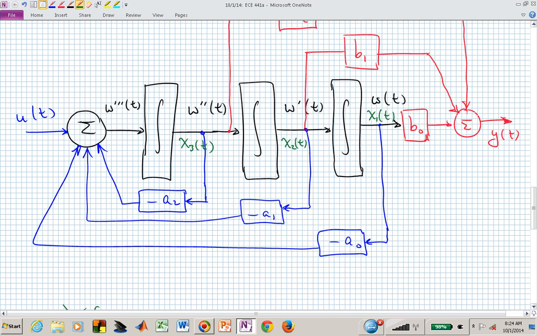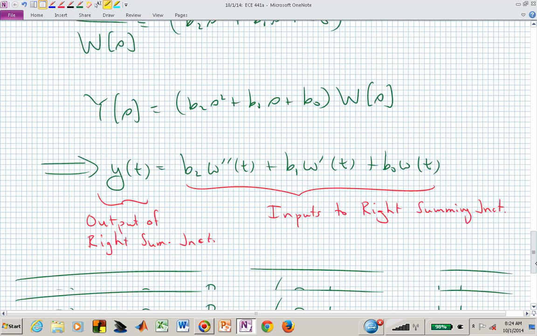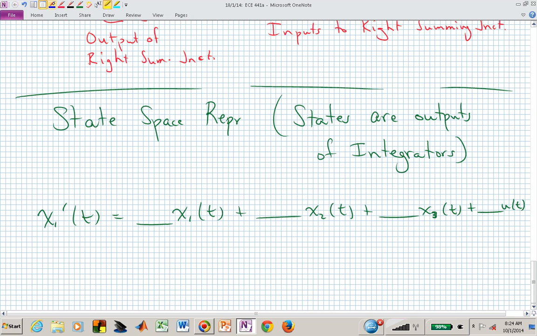What do we call that signal in terms of x1, x2, x3, and u? There's only one there, isn't it? It's just x sub 2. That maybe makes it a little more challenging to think about, but all we have right here is the signal that we've called x sub 2 in our state space representation. And that itself is also x1 prime. They're the same. Meaning now we can go here and fill in.